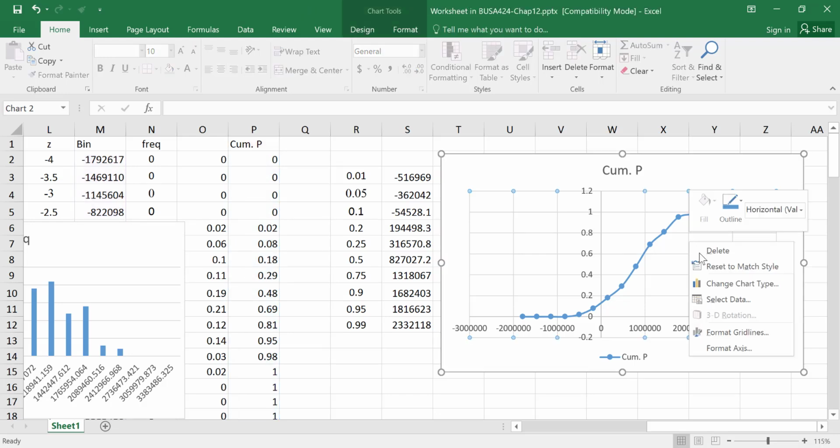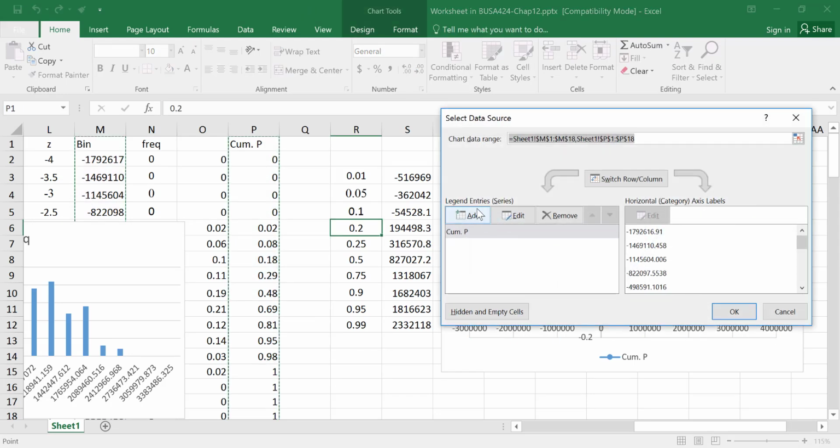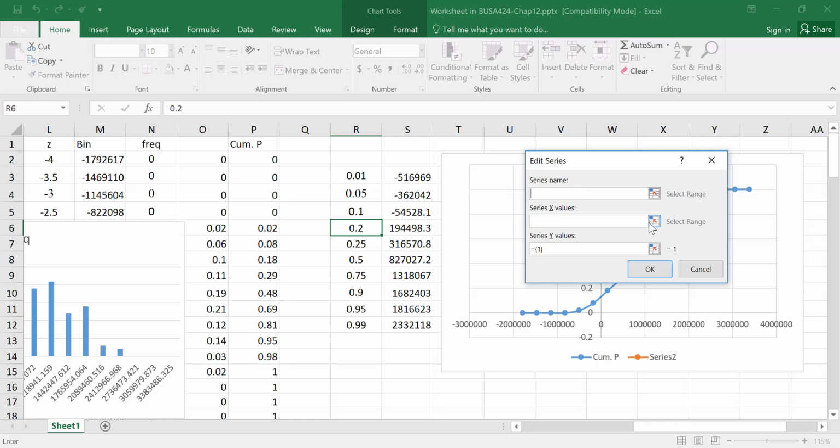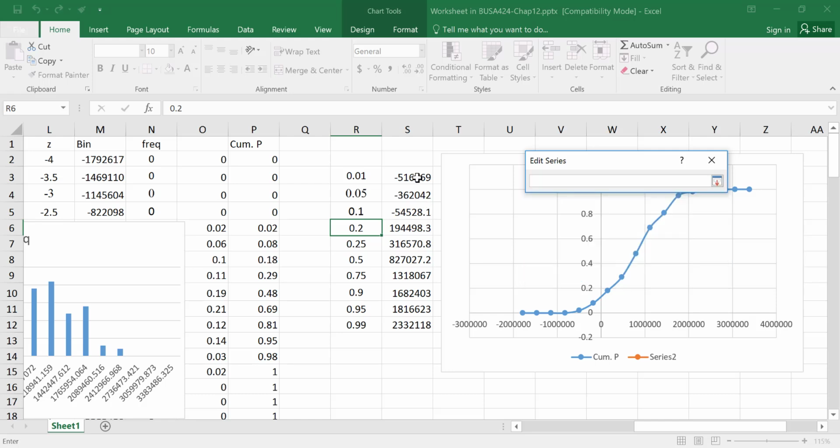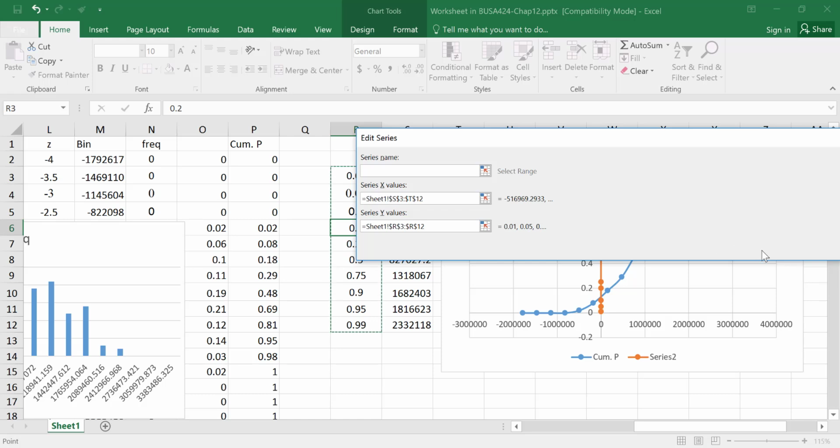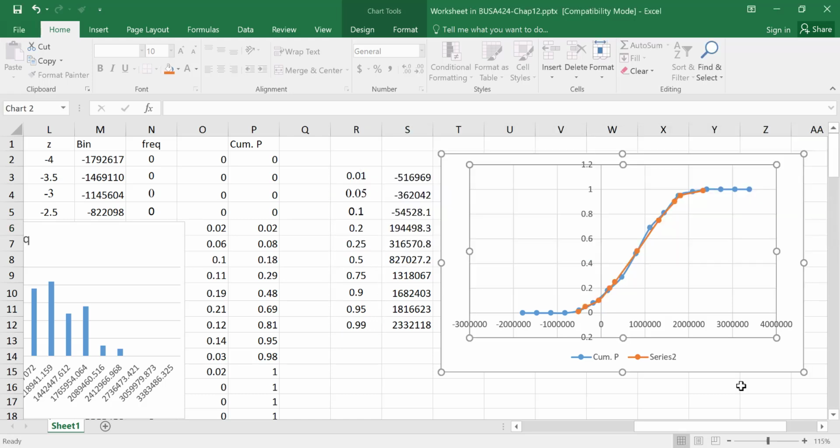So let's plot this value on this cumulative and see what happens. So this is basically, let's choose this one as the X values, and then this one as the Y values. And you can see the graphs are matching. So this cumulative frequency and this percentile are pretty much similar.